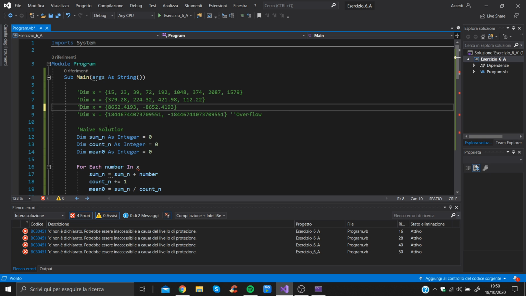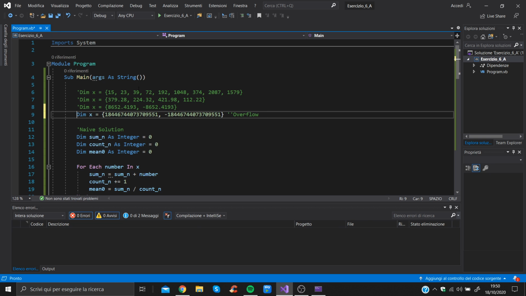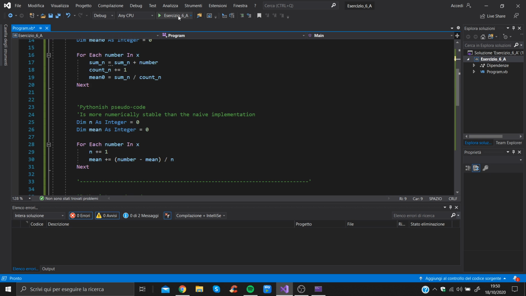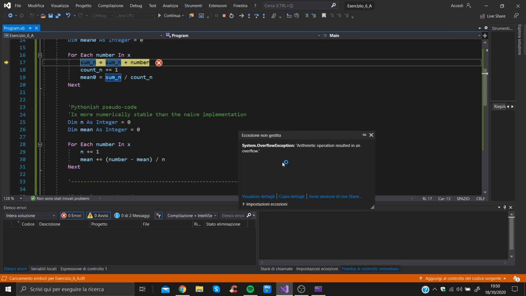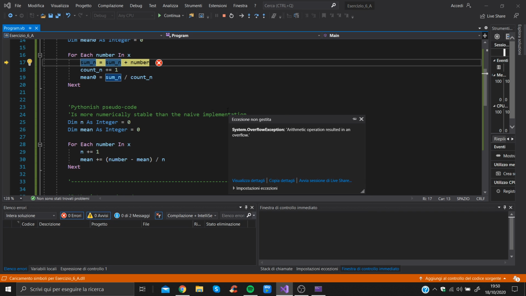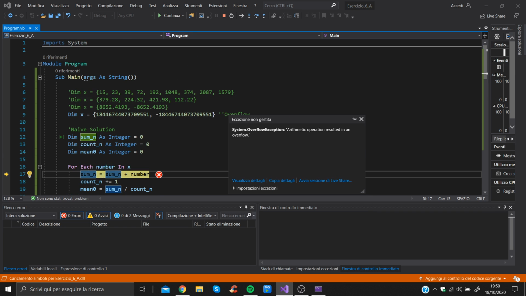But we also need to take in consideration the problem of overflow. When we compute the mean, we need to take in consideration the size of the numbers that we are using. If we use this number, we will have an overflow, because the size of the variables that contain those numbers is less than the size of the numbers we are considering.